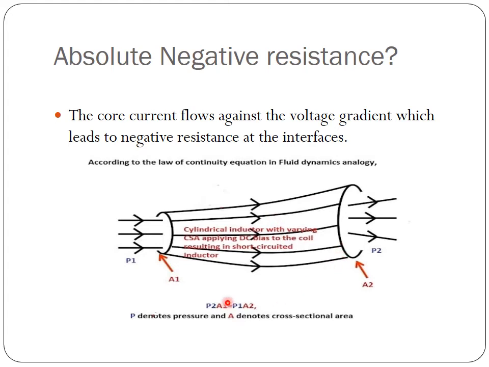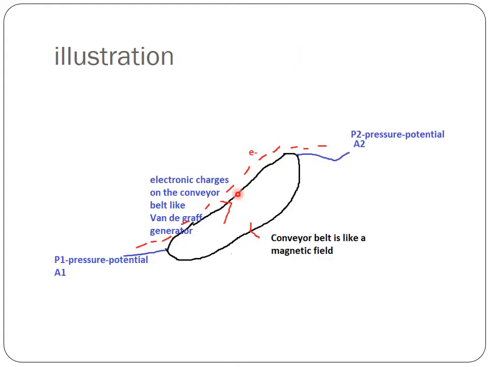Therefore, there will be negative resistance at the interfaces. And based on that, we are obtaining this absolute negative resistance in this case. Okay, this figure can be illustrated, and I can explain it with the next slide. Let's move.